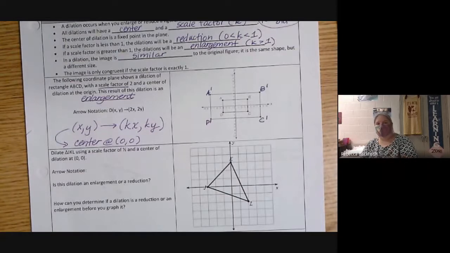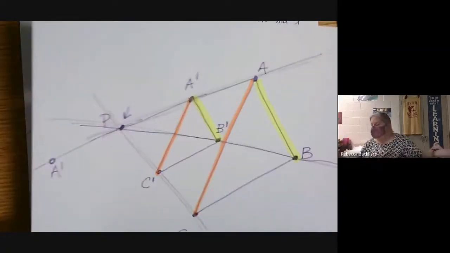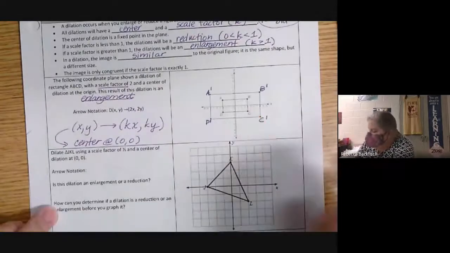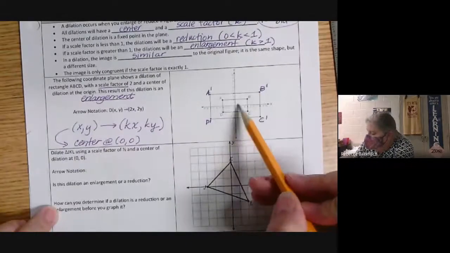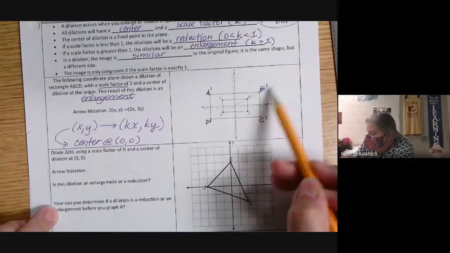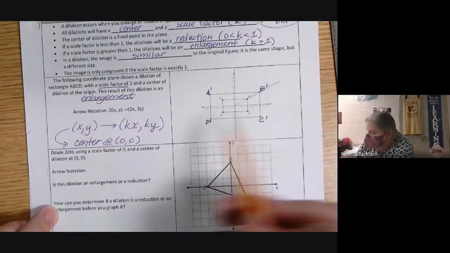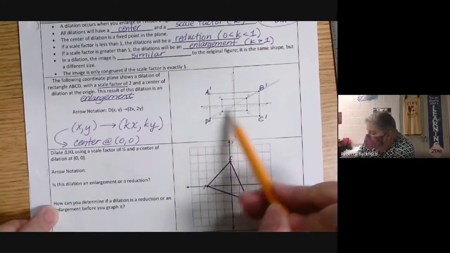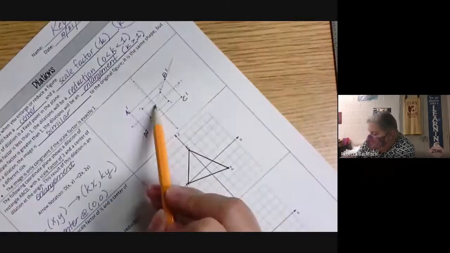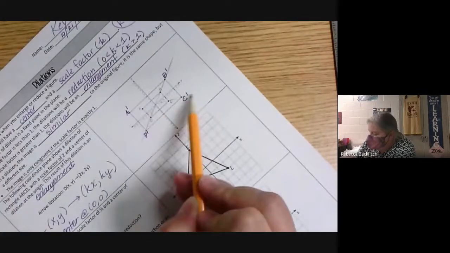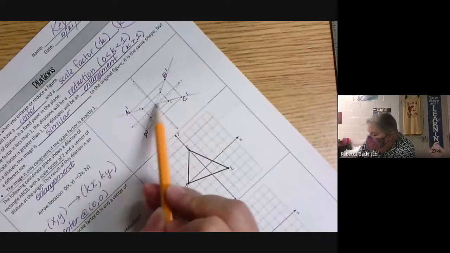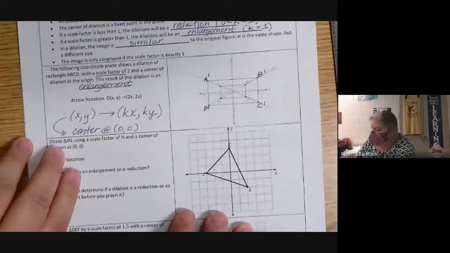Okay, one more thing to notice from this picture is that just like we were talking about with the one I did freehand over here, if I connect any point with its image or pre-image, that line is always going to go through the center of dilation.